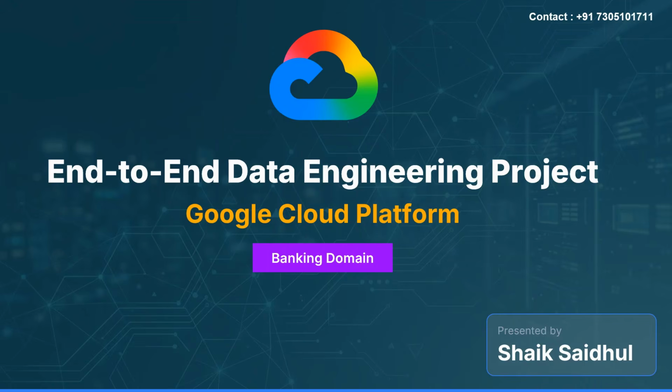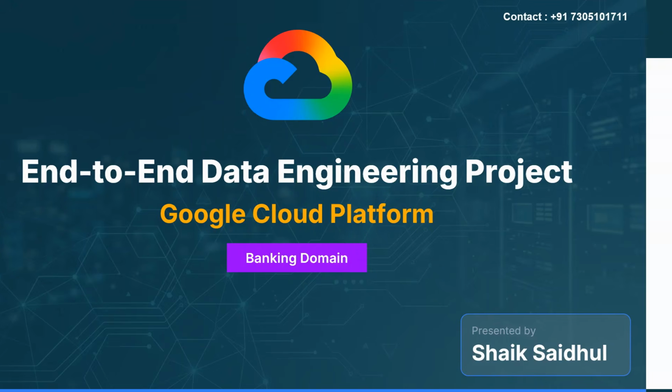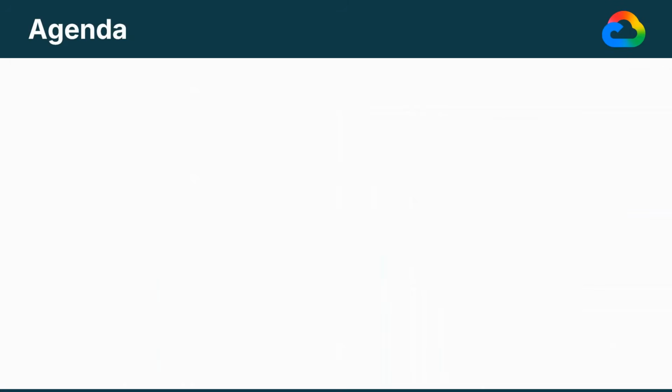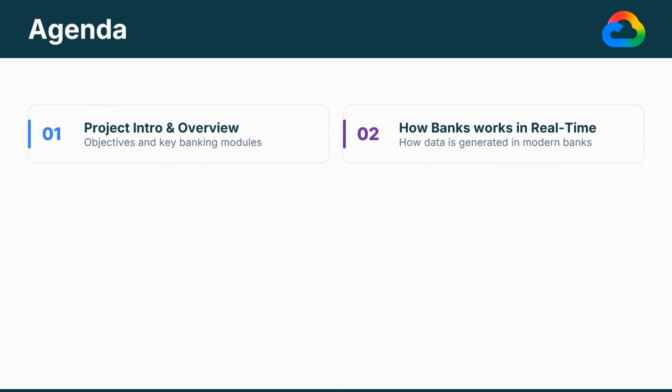I am going to tell you the end-to-end data engineering project we are going to build on top of the Google Cloud Platform. The main agenda of this session is that we are going to talk about the project introduction and overview, and then we will talk about how a bank works in real time. We will also see the architecture overview, how many services we are using, and how we are integrating each and every service.